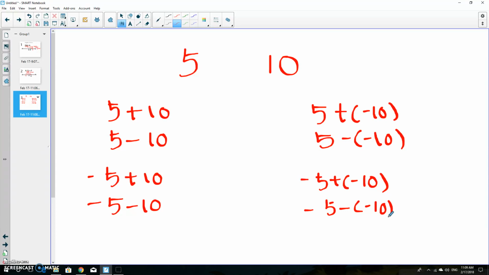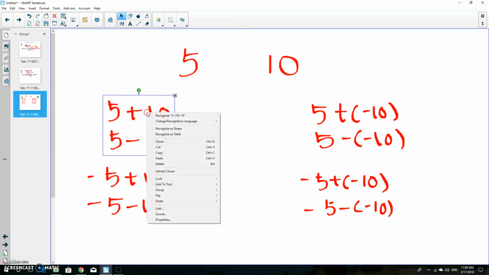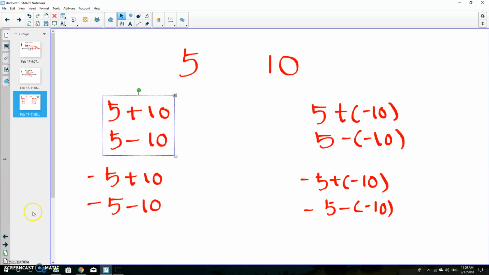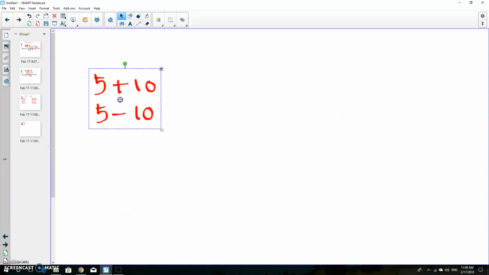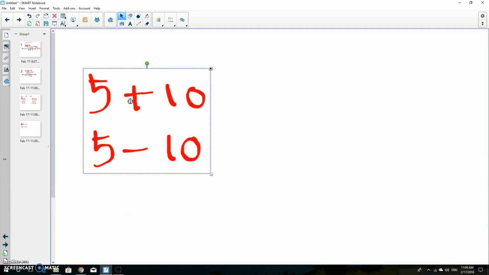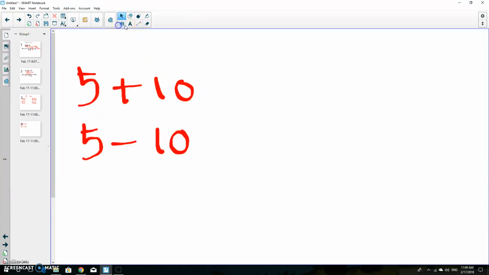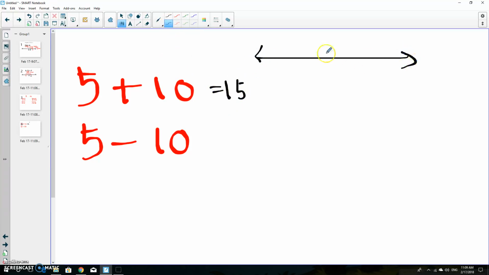All right. So we'll just look at the very first one. They are the easiest examples out there. Let's make it big. So this one is very easy. I know that it's going to be equal to 15. So basically it's from 5, I'm just going to move 10 spaces.